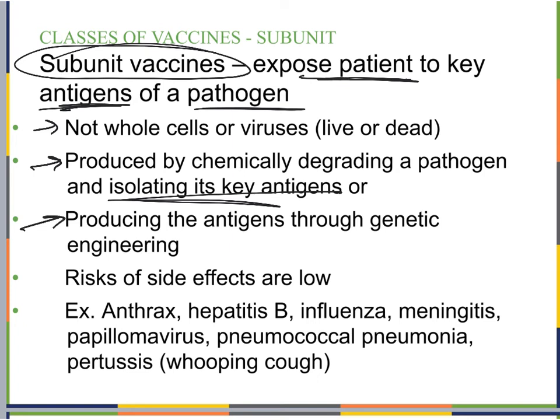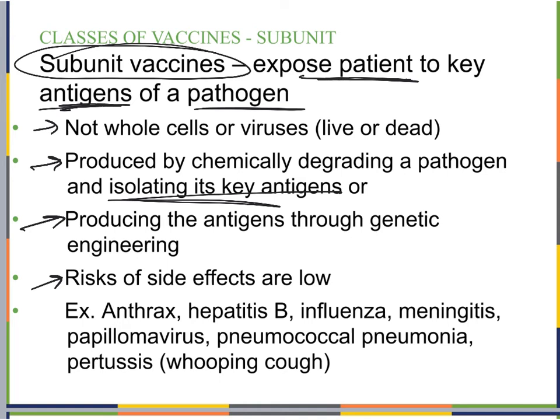Then we are producing the antigens through genetic engineering as well. So we can go in, we can degrade the pathogen, we can isolate its key antigens, and we can use that, or we can just produce them through genetic engineering. We can go in and genetically make these pieces to then produce these antigens. In this case, the risk of side effects are very low, right? Because there isn't even a dead pathogen.